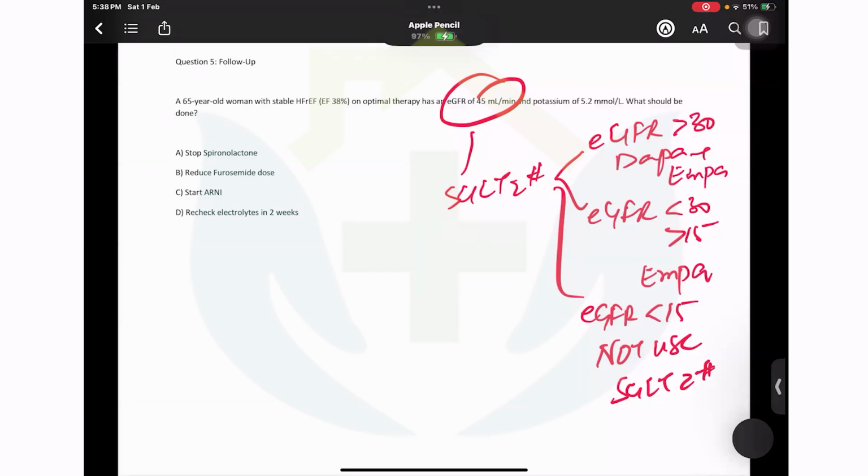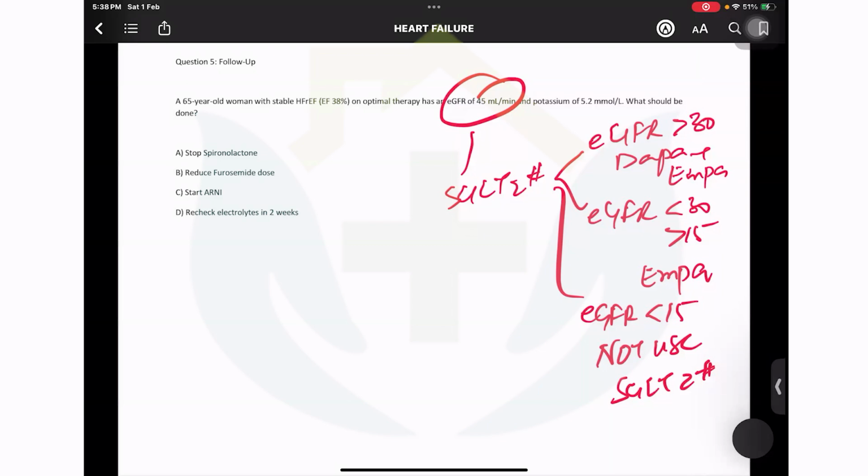So a 65-year-old woman with HFrEF of 38% on optimal therapy, GFR has dropped to 45. Potassium is 5.2. Oh my God, what should be done? It's a tough call. What will you do? The patient is on optimal therapy, means the patient is on ACE inhibitor or ARNI. They also raise potassium. Then aldactone, that will also raise potassium.